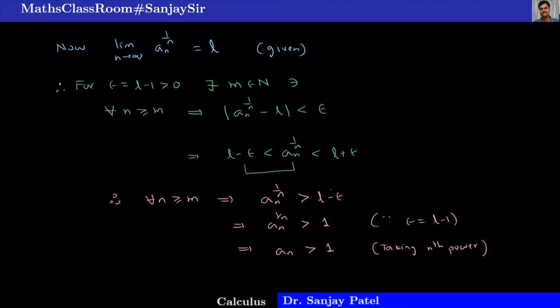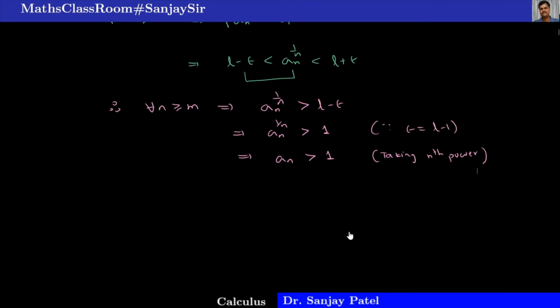So therefore, the conclusion from this we can make is, therefore limit n tends to infinity of a_n is always say greater than or equal to 1, and therefore limit n tends to infinity a_n cannot be 0. Okay, that cannot be 0 because all terms are strictly greater than 1.